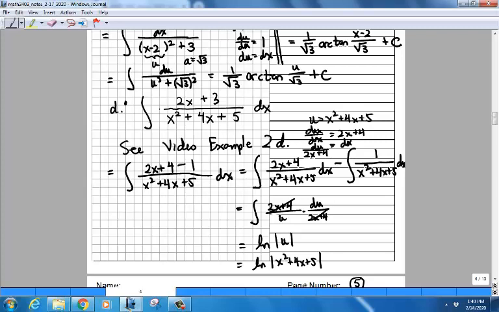So you're just going to put du instead of dx. And now it's 1 over, x plus 2 is the u, so you have u squared plus, and then you have 1. But a is 1, so it's 1 squared. Now how does that integrate?